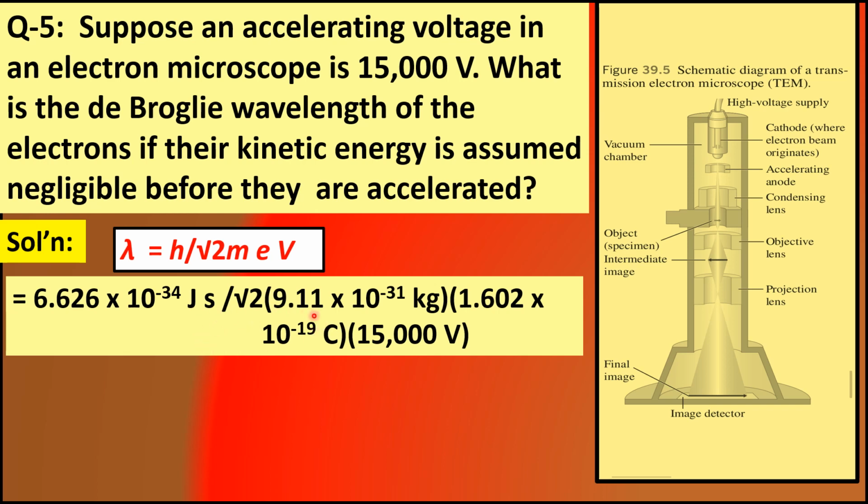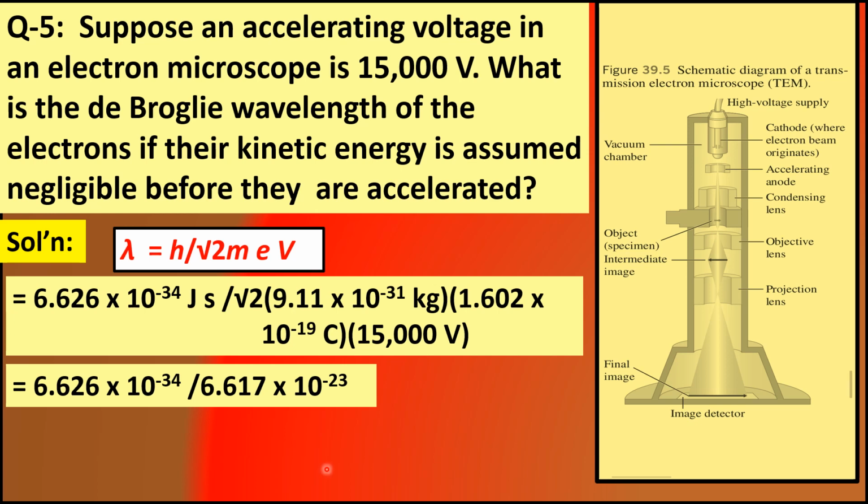So when we simplify, we first get the value of the quantity in the denominator. So Planck's constant divided by 6.617 times 10 to the negative 23. This is the result of getting the square root of twice the mass, the charge, and the accelerating voltage.